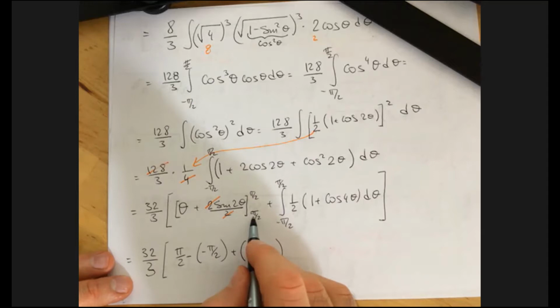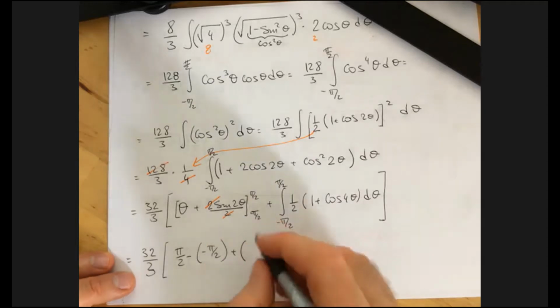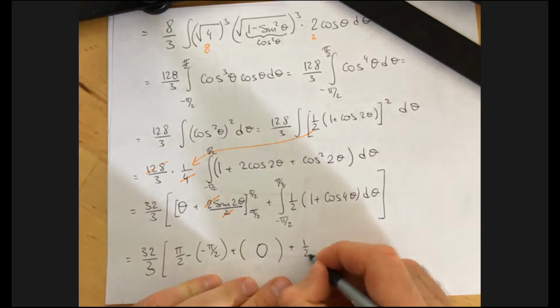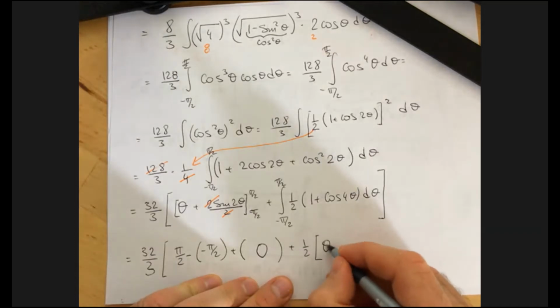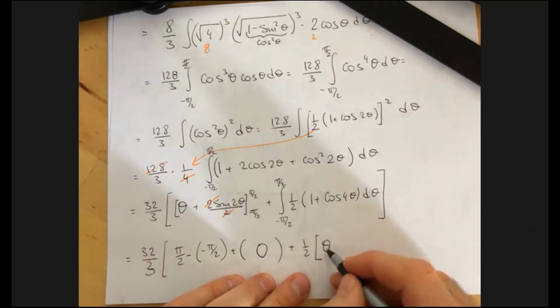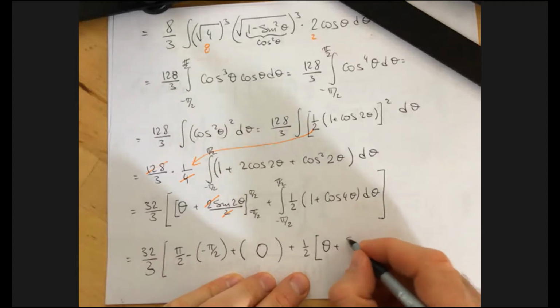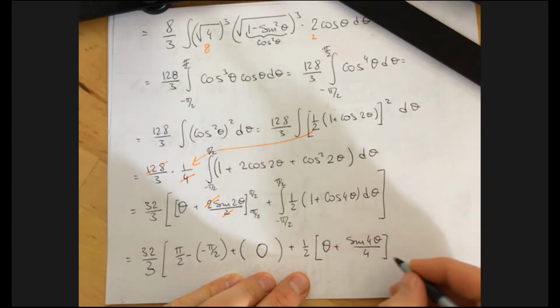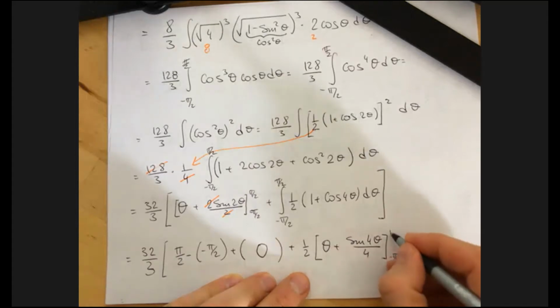Sine of 2 times negative pi over 2 is sine of negative pi, which is 0. So 0 minus 0 is 0. Okay? Plus 1/2 times the integral of 1, which is theta plus sine of 4 theta over 4, evaluated from negative pi over 2 to pi over 2.